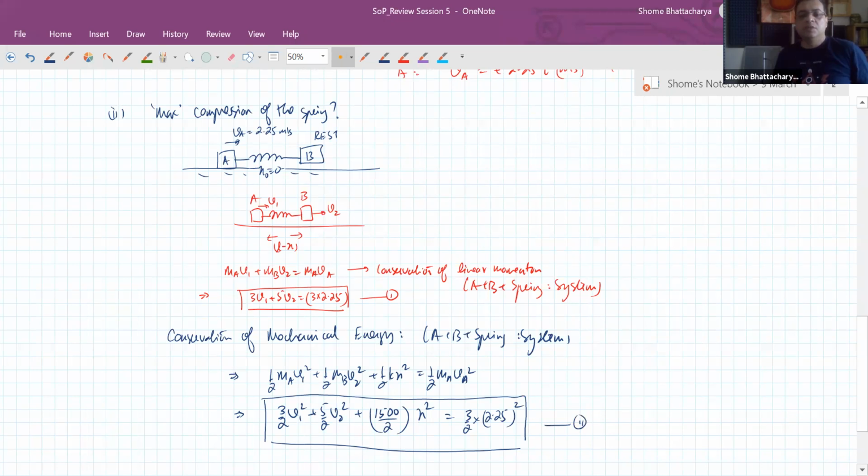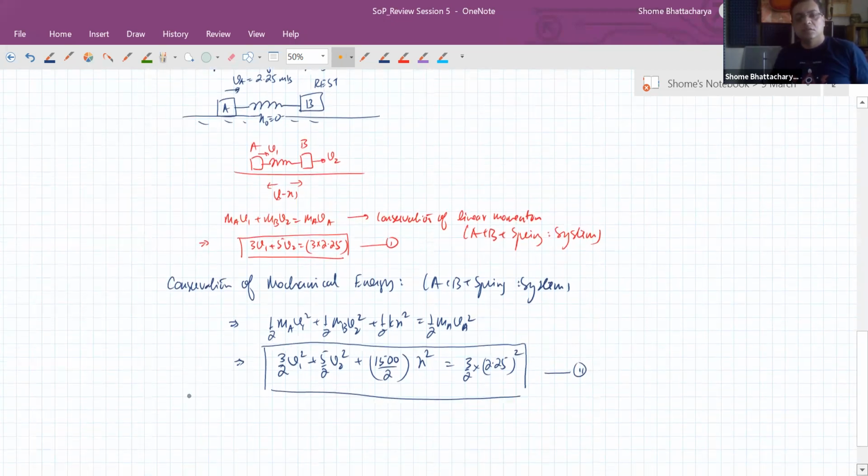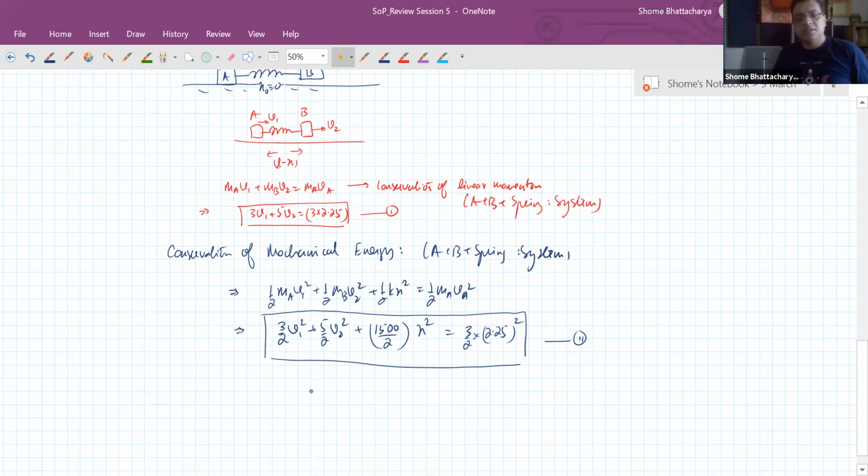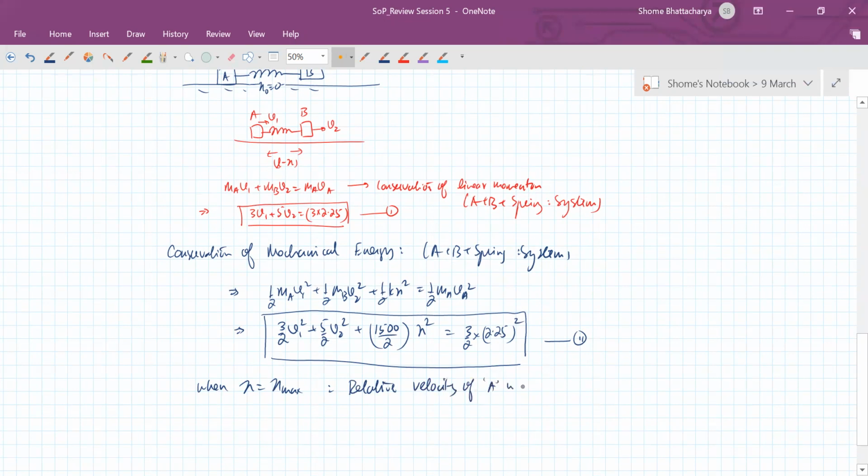Now in this we will substitute the condition that when the spring has maximum compression, the relative velocity of A and B should be 0. That means V1 should be equal to V2. Just at that moment they should have the common velocity.